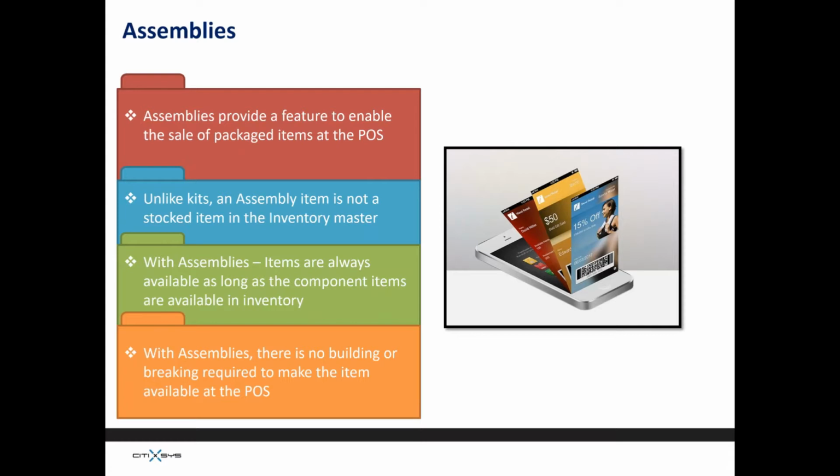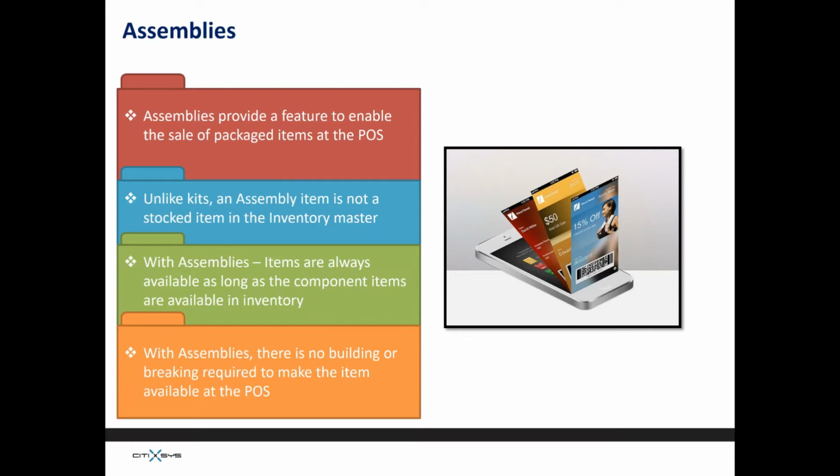The assembly parent item will be a non-stock item, and basically what you're doing at the POS is selling a product that is composed of two or more inventory items.